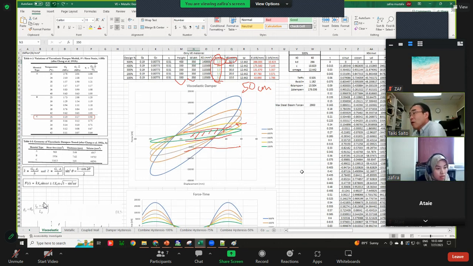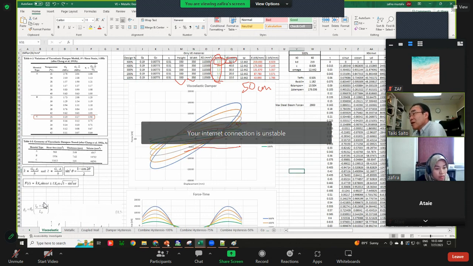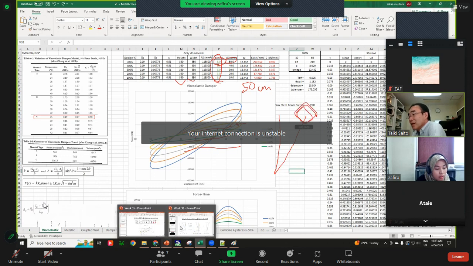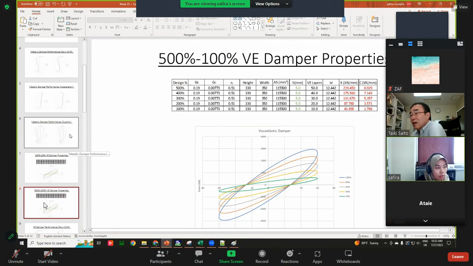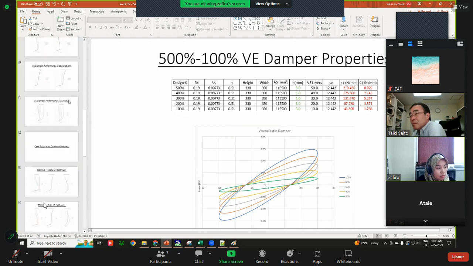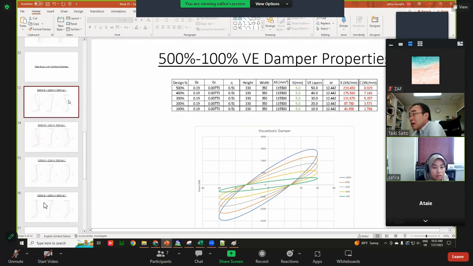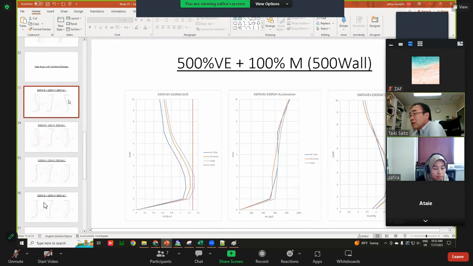I don't know. What I want to change is top story acceleration, more than 800. And even if you change the capacity of the damper, you cannot decrease it.